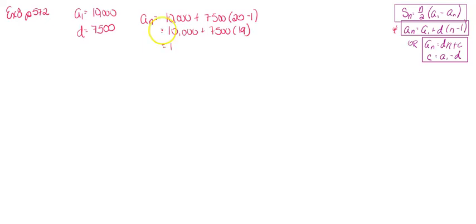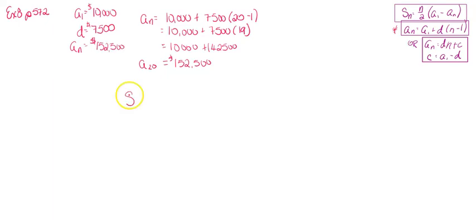So that equals 10,000 plus 142,500. When I add those numbers together, I have the 20th year, his business made $152,500.